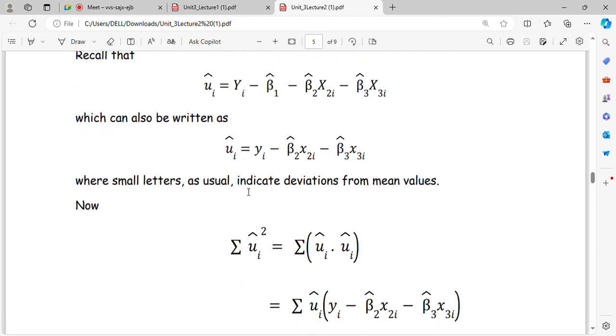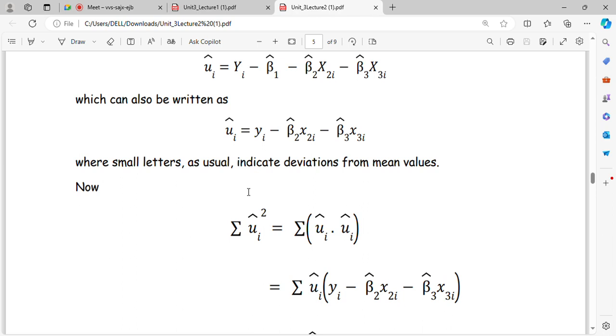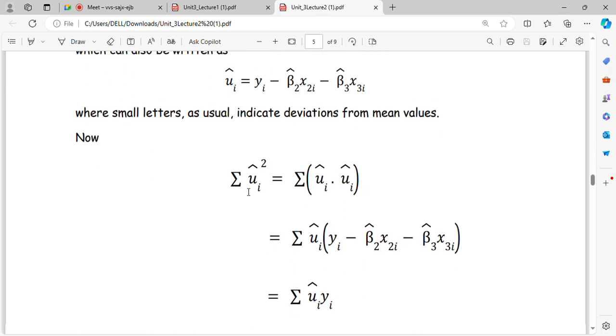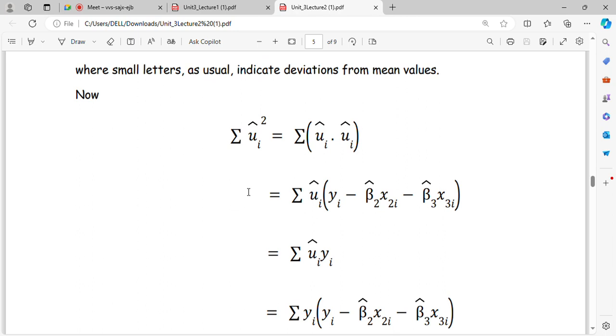Now summation ui hat square can also be written as summation of ui hat into ui hat, right? Now in place of one ui hat we can easily write yi minus beta 2 hat x2i minus beta 3 hat x3i from the previous equation. That means we can write this as ui hat times yi, right?